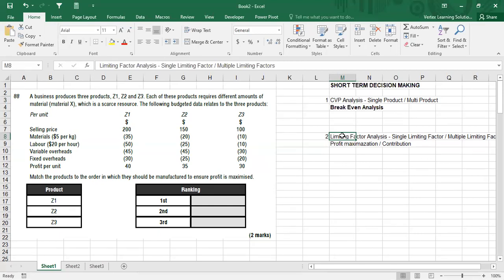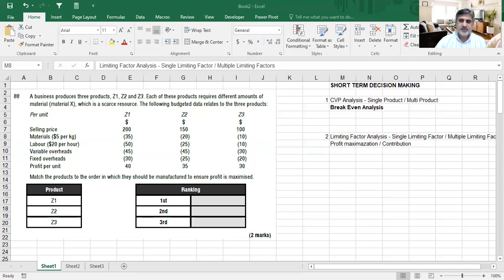Similarly, when you do limiting factor analysis, the idea is we say that the resources which are available with business are limited. The business does not have unlimited resources, which means that a business is always short of resources. Sometimes you are short of materials. Sometimes you are limited in labor. Sometimes you are limited in capital.